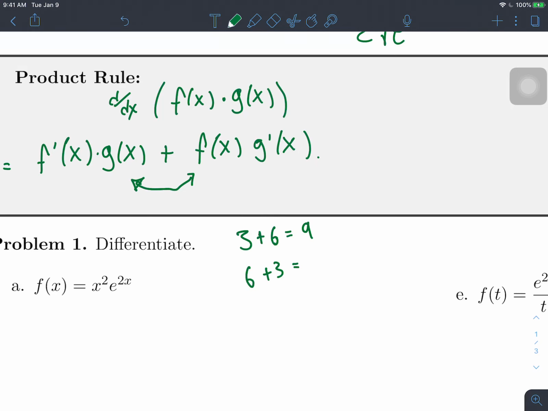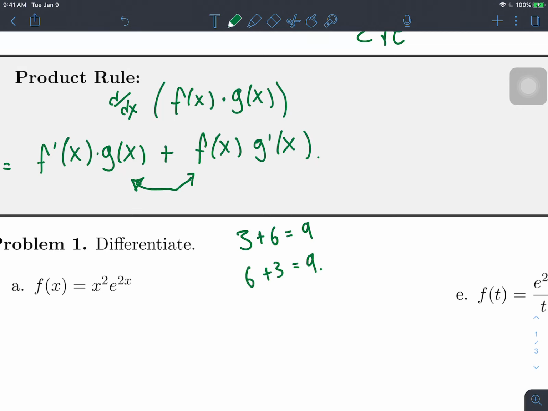So if you get these two things mixed up, it's no big deal. What you need to remember is that in one of the terms we do the derivative of one function and multiply by the other. And in the other term that we add, we do the derivative of the other function and multiply by the one.